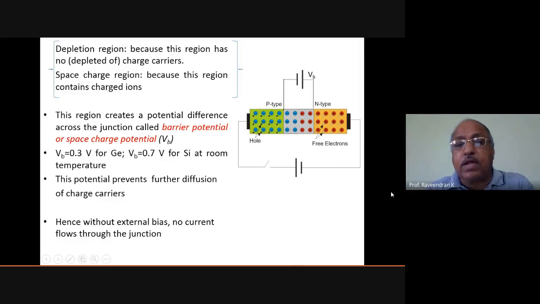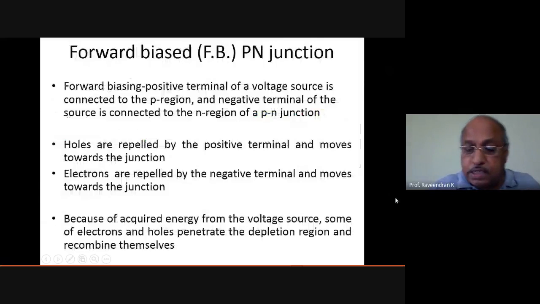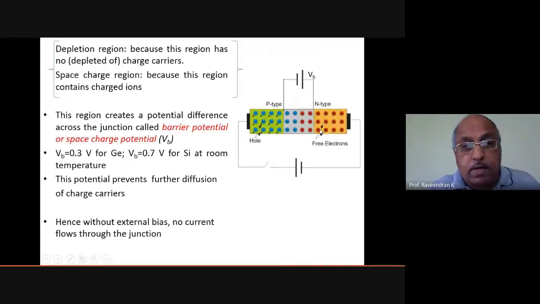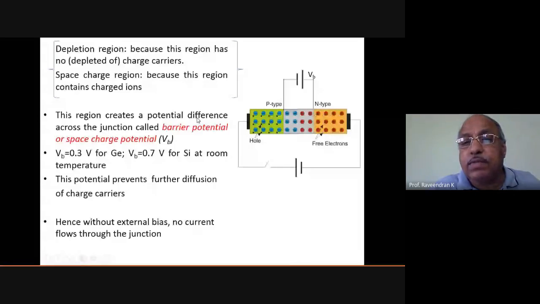Then at that particular condition, that kind of operation of the diode is called the forward bias condition. If this diode is forward biased, the p-type material is connected to the positive polarity of the battery or source of EMF, and the n-type is connected to the negative side of the source of EMF.